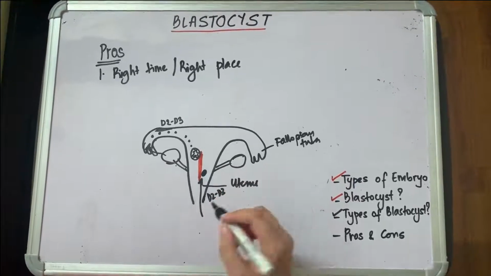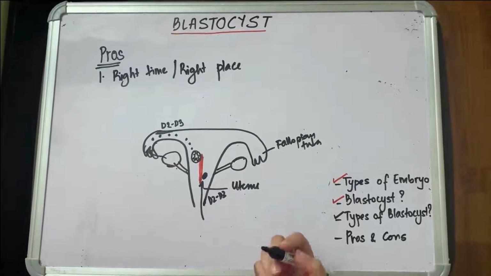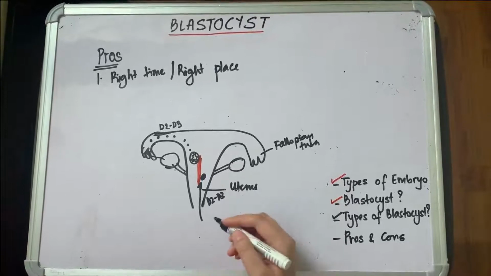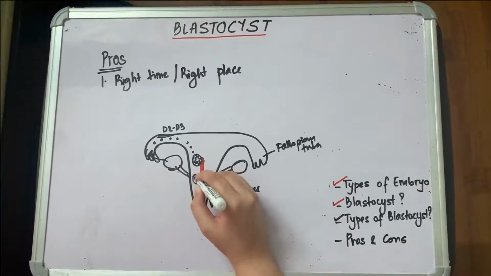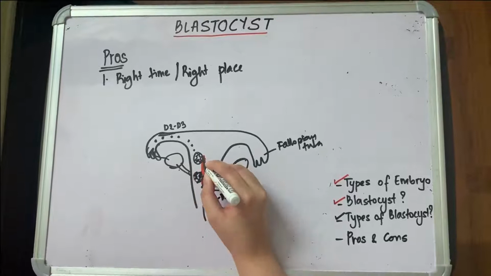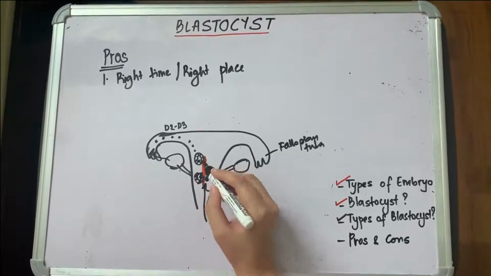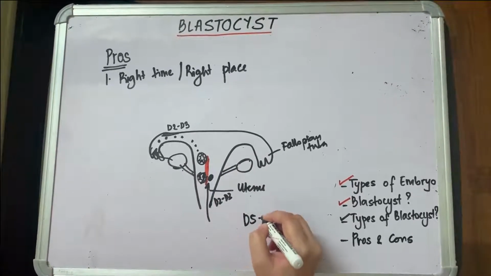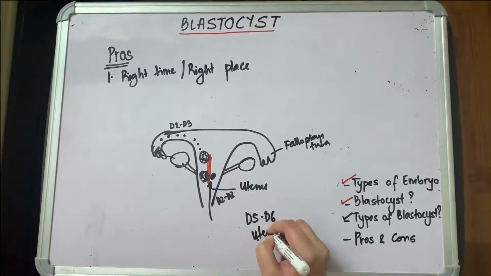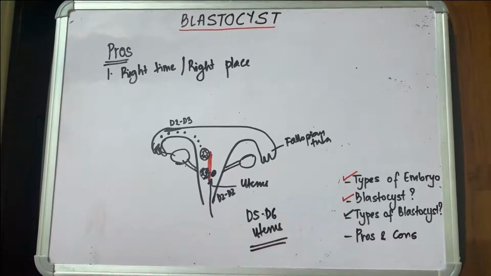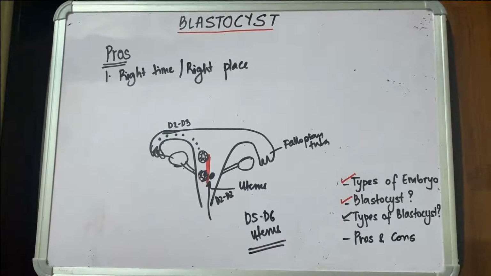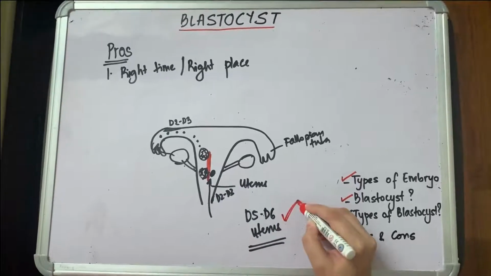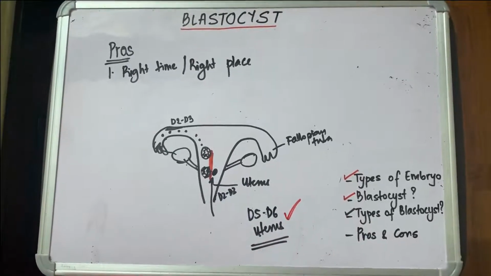Now here it may or may not reach a blast, but we will never know. So when we essentially do a blast transfer, we are putting the blast where it should be. A day 5, day 6 blastocyst should be in the uterus, and that is exactly where we are placing our blast in an IVF cycle. That's why the chances of conception are higher.